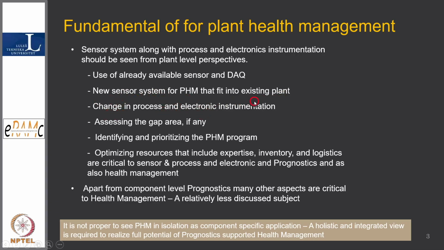Change in process and electronic instrumentation. PHM involves a lot of new electronics and data acquisition systems. It helps us if we use this information and assess the gap area that is available, because PHM is a lineup where we have a mechanical component, electrical component, electronic component, it could be a chemical reactor also.